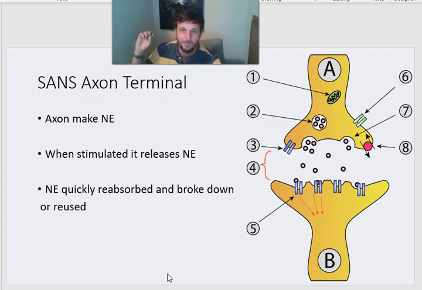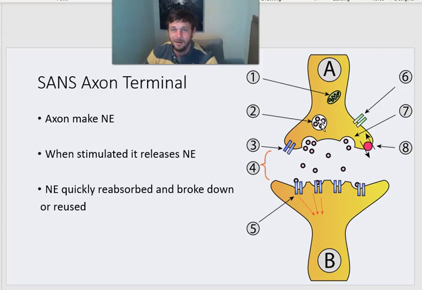And so we release it, it gets reabsorbed. If we're still in that situation, we'll release more of it, right? And so it either gets reabsorbed and reused, or it gets reabsorbed and broken down.